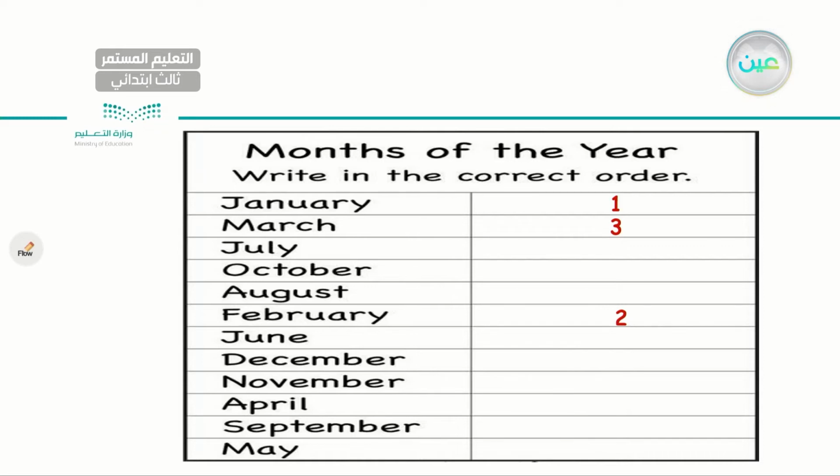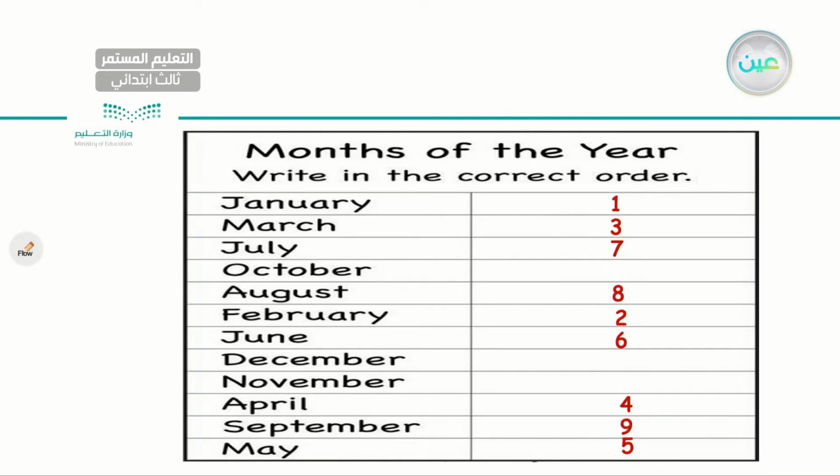Next, April is the fourth month. Very good. Next, May is the 5th. Next, June is the 6th. Next, July is the 7th. Very good. Let's go on. August is the 8th. September is the 9th.